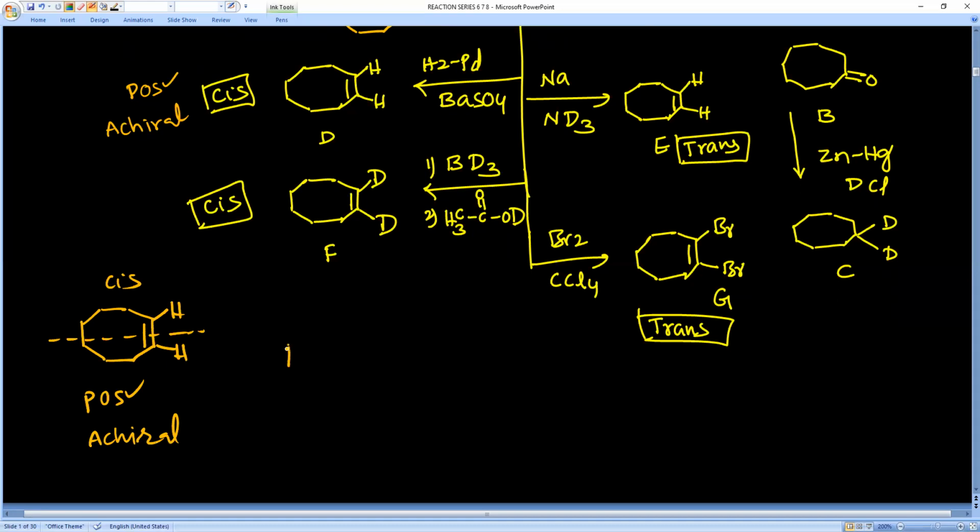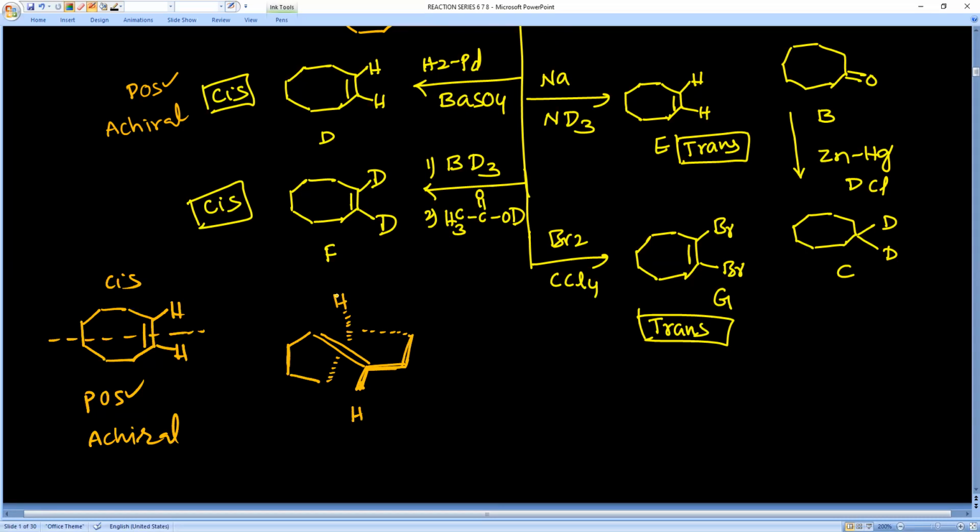Now it's a trans isomer. What is the structure of the trans isomer? This is the trans isomer. It has no plane of symmetry, no center of symmetry.